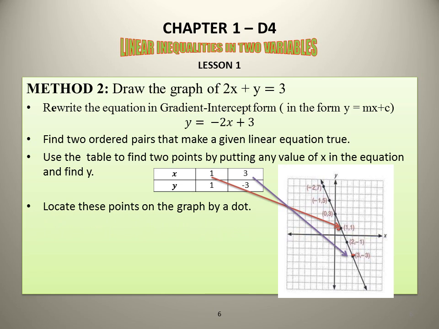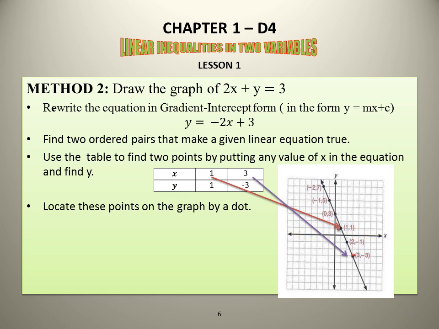Now locate these points on the graph by a dot. Our first point has x coordinate 1 and y coordinate also 1. So starting from the origin, I have moved 1 unit along the x-axis and 1 unit along the y-axis, both in the positive direction. Place a dot here. Then take the second point, in which x coordinate is 3 and y coordinate is minus 3.